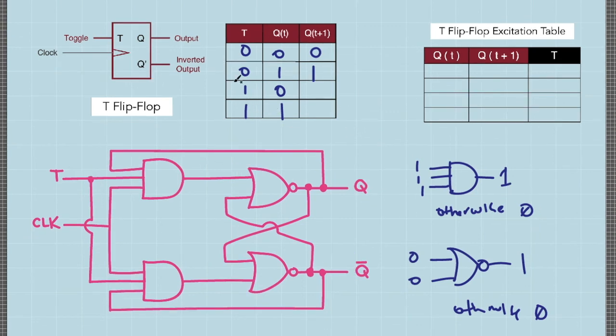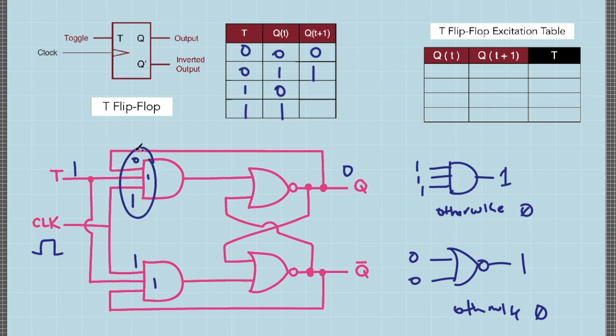Let's consider this second case, where the initial value of Q is 0 and we supply the toggle signal with logic 1. So this will be 1, this will be 1, and at this moment we supply the clock signal with a positive edge pulse. Therefore, these two signals here are both in logic 1, and since this is 0, this will be transmitted here.